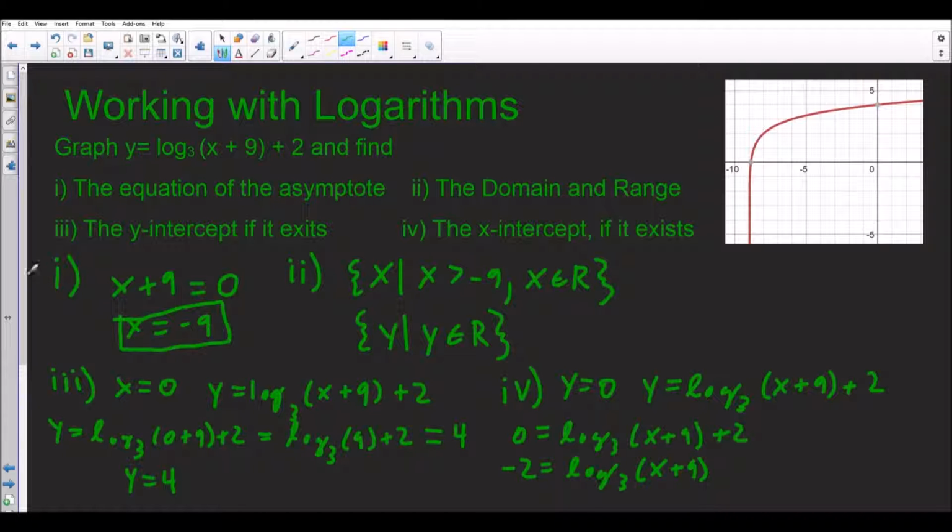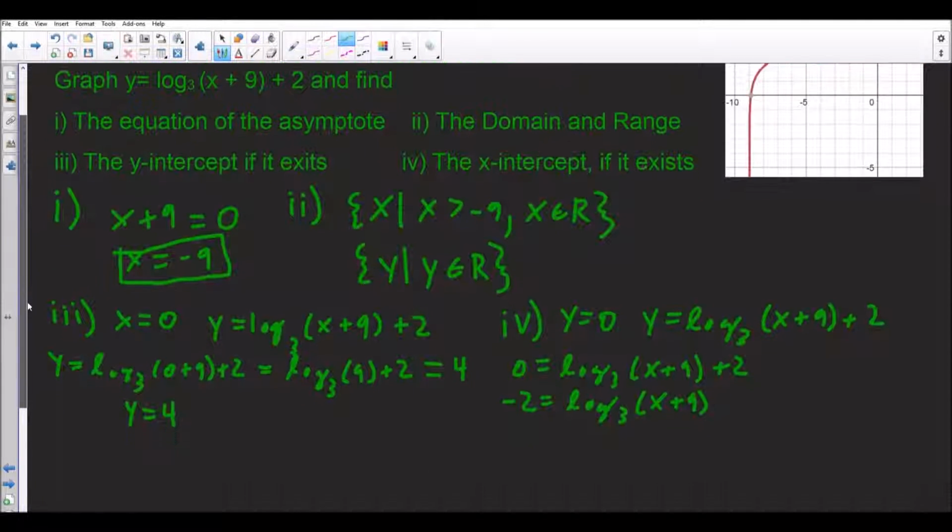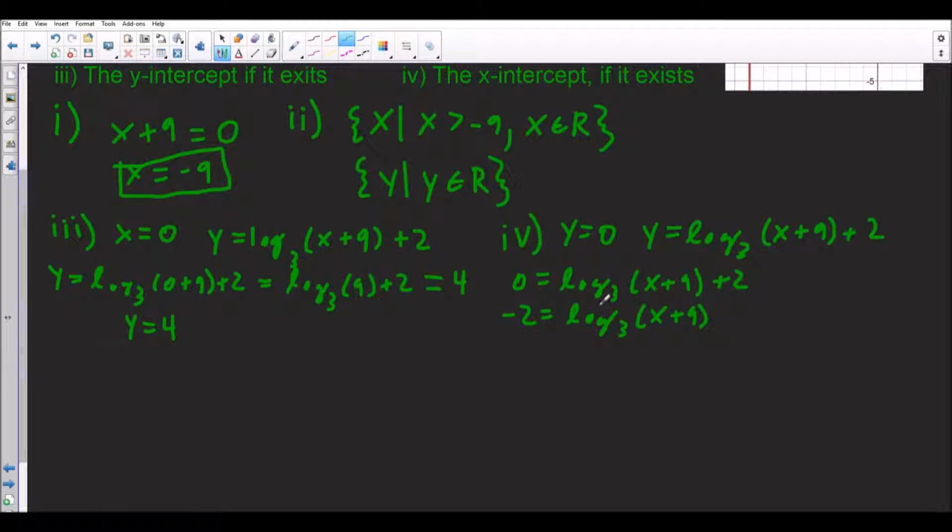Now what we can do, and I'm just going to scroll down to give us some extra room, is rearrange this into exponential form. So we're going to say 3 to the exponent negative 2 is equal to x plus 9. This is going to be fairly easy to solve because we can just say 1 over 3 squared, which is 1/9, is equal to x plus 9.